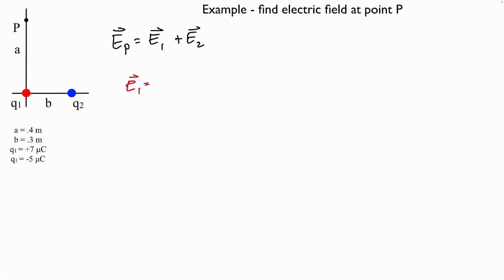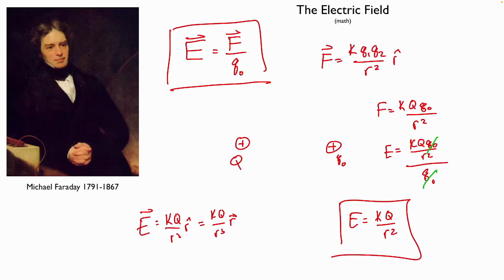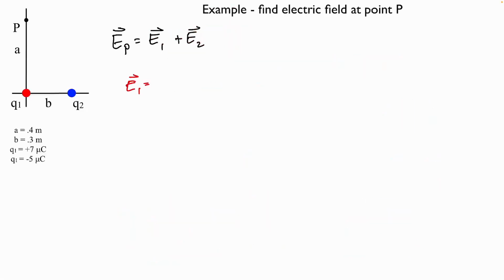Okay, so how do I find the electric field from point 1? Do we know the electric field of a point charge? Right there, it's sitting right there. So it's K, and then what charge do I put in? Q1. And then what's the distance vector going to be? R1. I'll just put R1 in for now, and we can do cubed, and then R1 vector. I'm using the same method that I used last time for the forces. So the question now becomes, what's R1 vector?